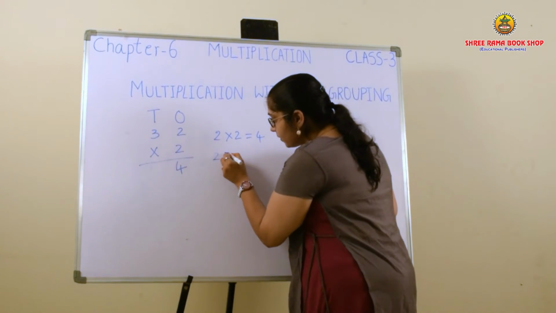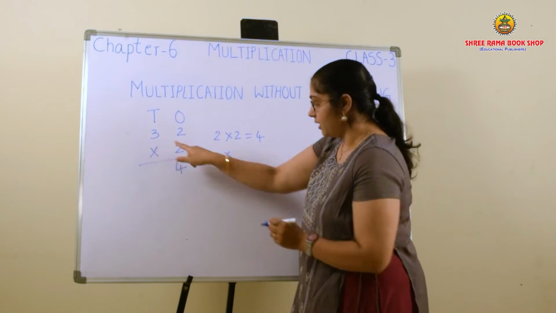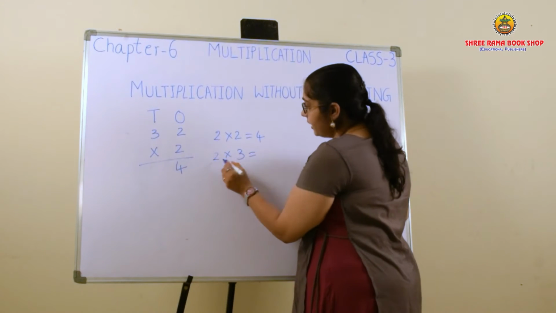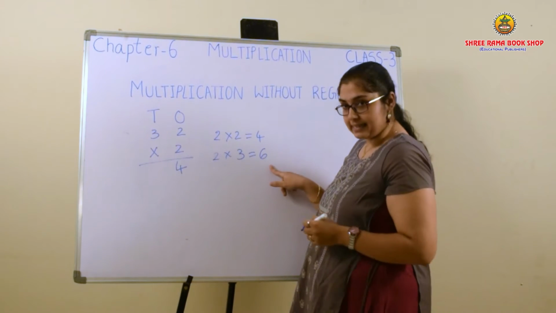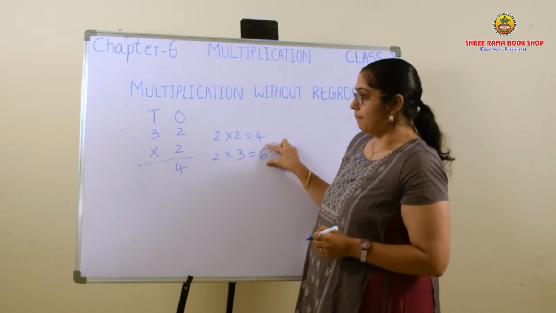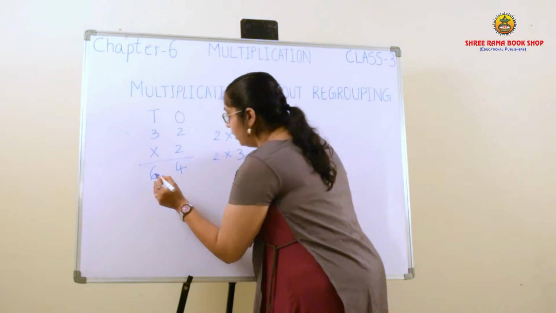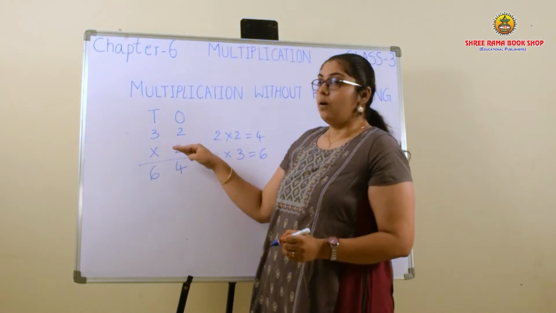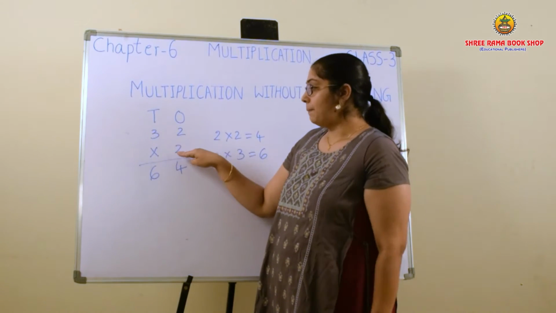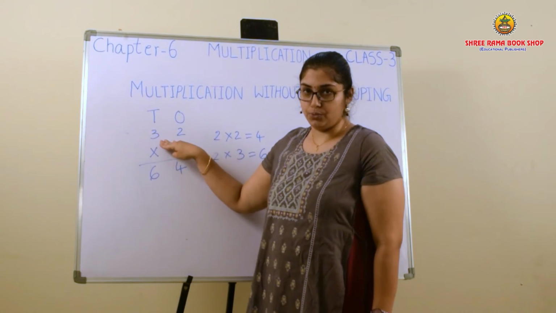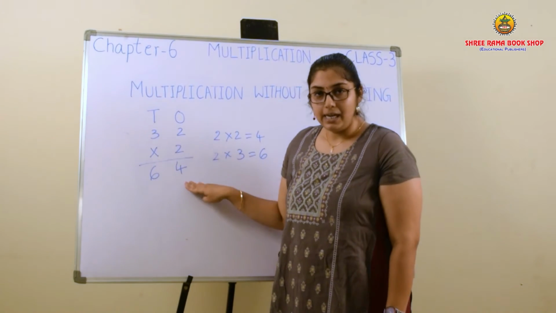The number in the tens column is 3, so the product 2 into 3 is 6. I will write this number in the tens column, 64. So the product when we multiply 2 with 32 is nothing but 64.